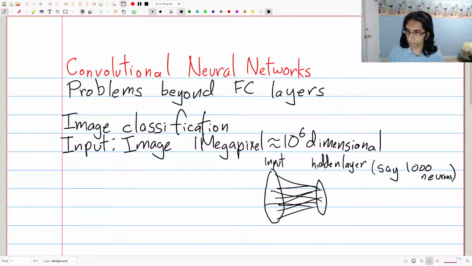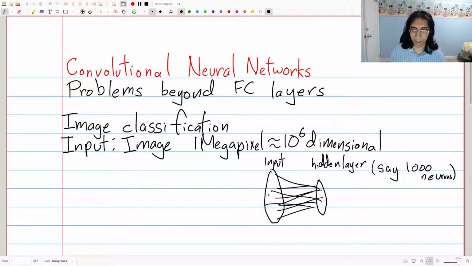If we had 1,000 neurons, how many parameters would there be here? Remember that each edge has to have a weight. There are other things too, like biases, and converting from the hidden layer to some output.